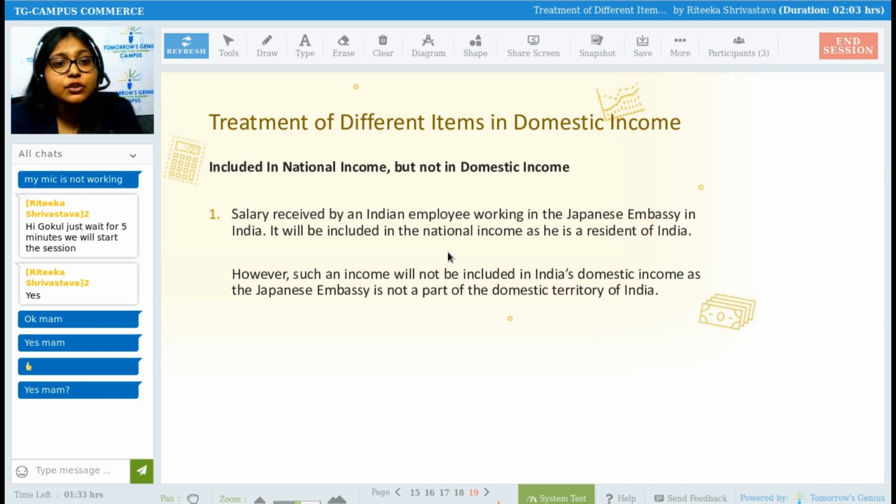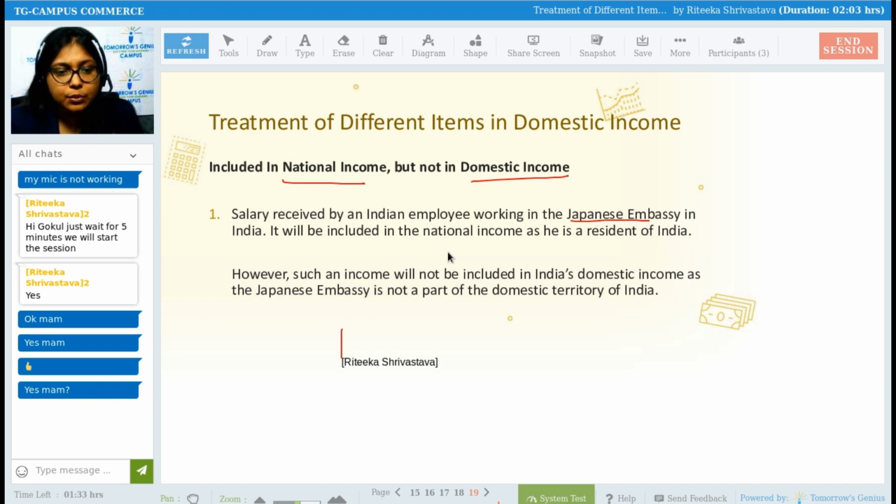Now, items which will be included in national income but not in domestic income. So, two items we'll see which are going to be included in national income, but will not be included under domestic income. Salary received by an Indian employee working in the Japanese embassy in India. So, there is an Indian employee.